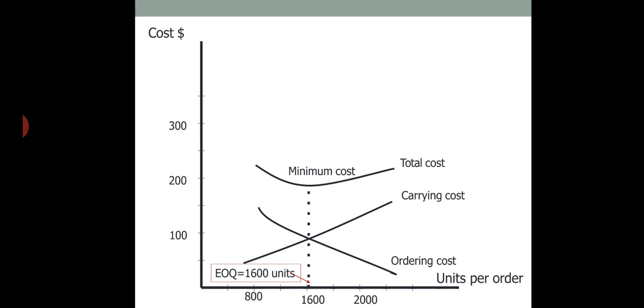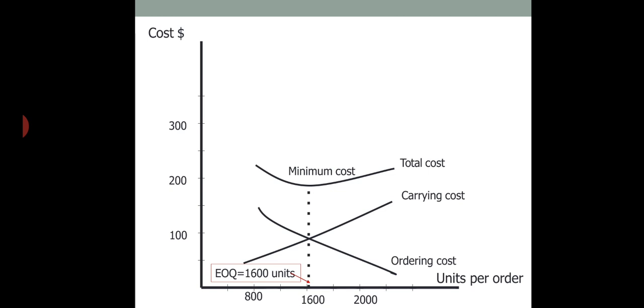Here EOQ of 1600 units is specially mentioned. If you are placing an order of 1600 units per order, it is economical. The minimum cost is reached at 200 rupees, so the total cost is also at the minimum only.